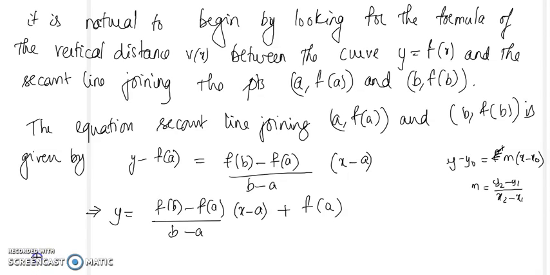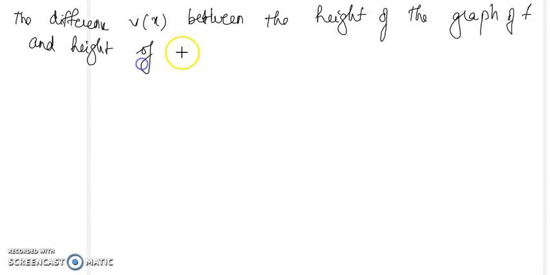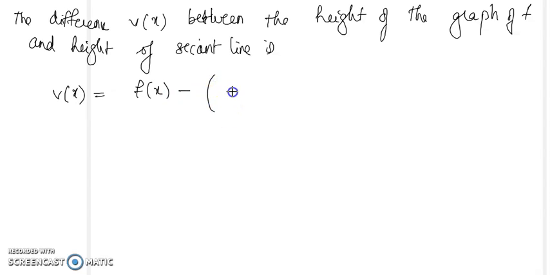Now let us write v of x. So the difference v of x between the height of the graph of f and height of secant line is, so v of x will be given by f of x minus, now equation of secant line is f of b minus f of a by b minus a into x minus a, plus f of a.